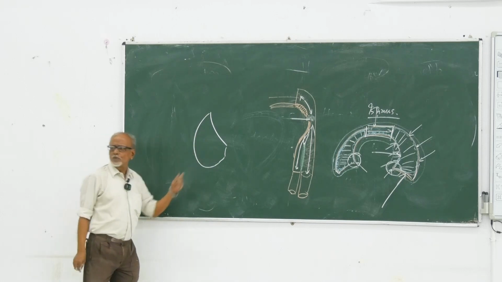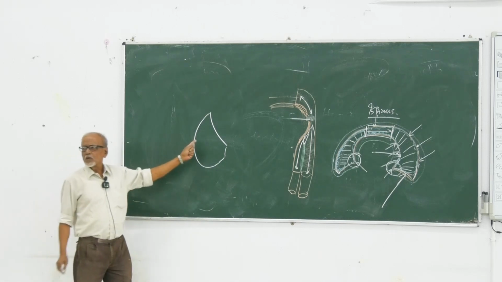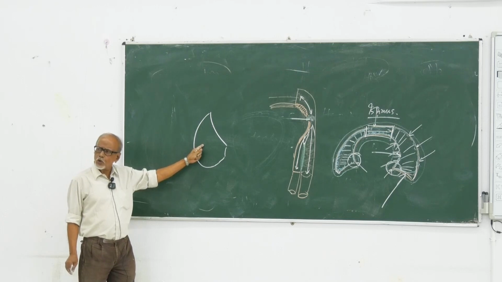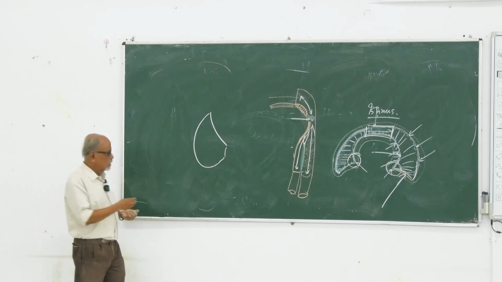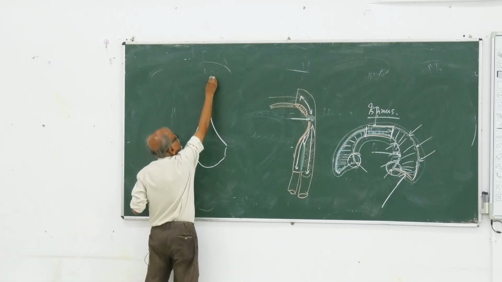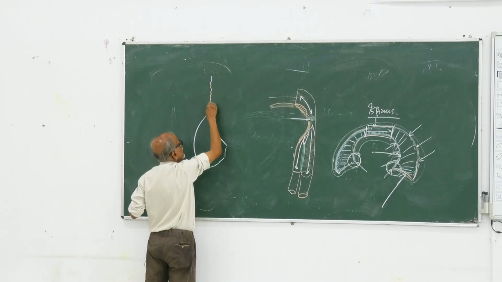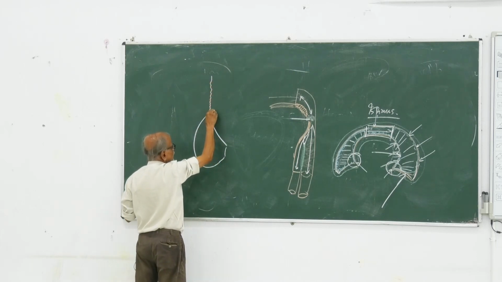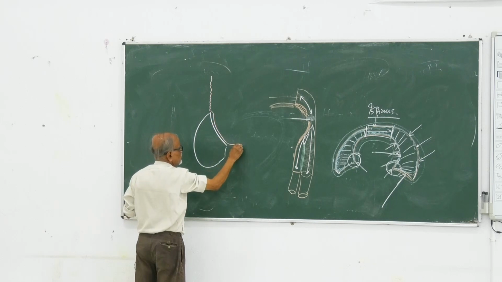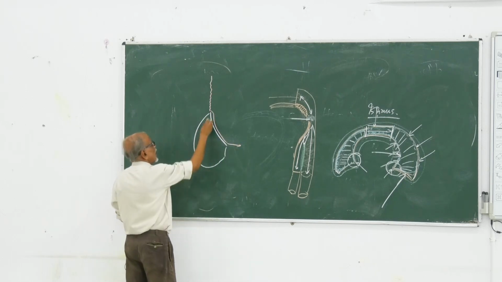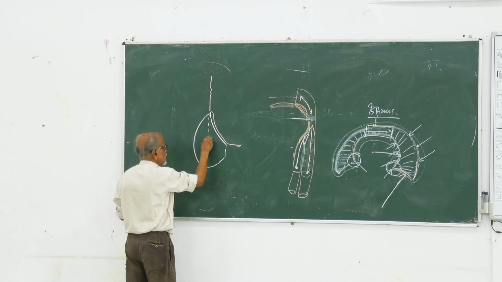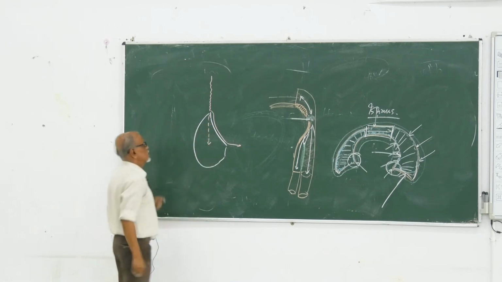দিস ইজ দ্য রাইট লোব, সামনে থেকে দেখছো, দিস ইজ দ্য রাইট থাইরয়েড লোব, দিস ইজ দ্য সুপিরিয়র থাইরয়েড আর্টারি। ইট উইল গিভ এ ব্রাঞ্চ লাইক দিস, ঠিক আছে? And it will give a branch like this along the posterior border, ঠিক আছে?